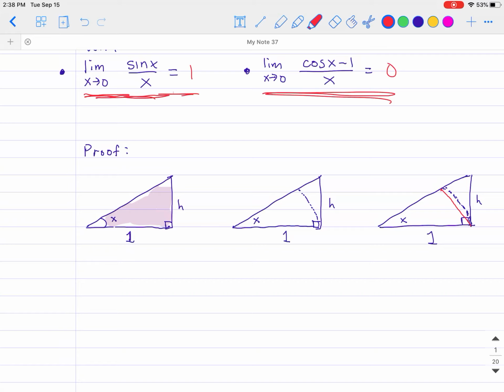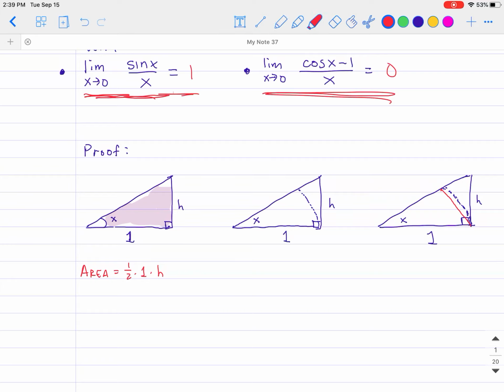The area of a triangle is just plain old one half base times height. So the area is going to be equal to 1/2 multiplied by the base, which is 1, multiplied by the height, which is equal to h.